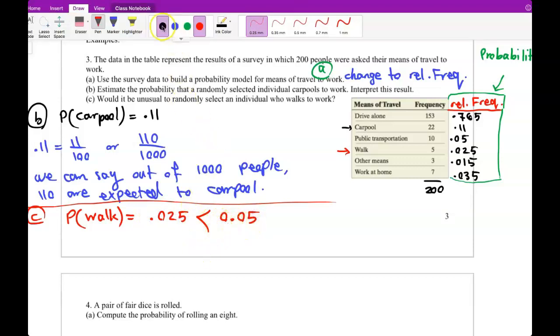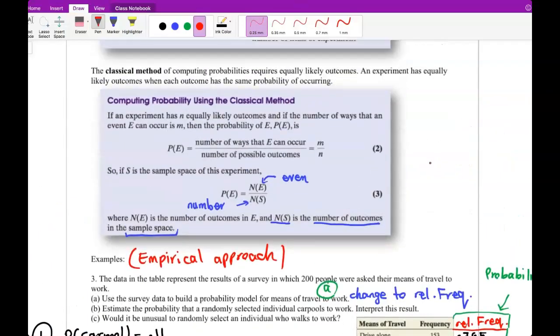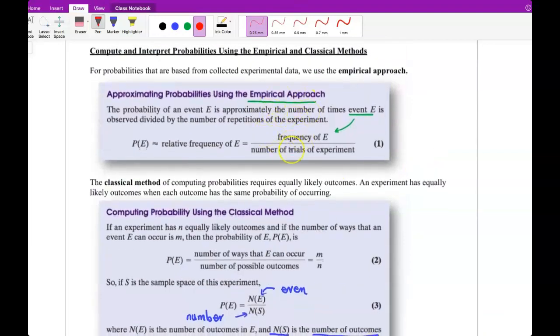So yes, this one is unusual. Okay, so this one was an example for empirical probability. As you can see, we use frequency and relative frequency based on the first table.